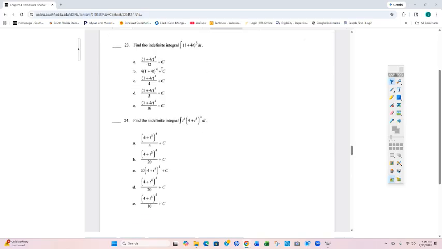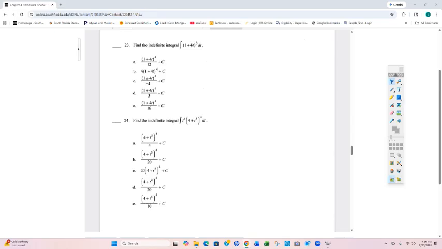The answers are mostly fractions. So, A, in the numerator, 1 plus 4t to the fourth power, in the denominator 12, and then plus c. B, this one is not a fraction, 4 times, in parentheses, 1 plus 4t to the fourth power plus c. C, this one, the rest of them are fractions.